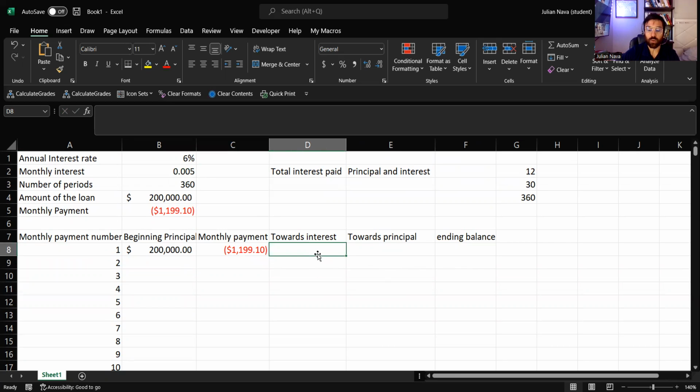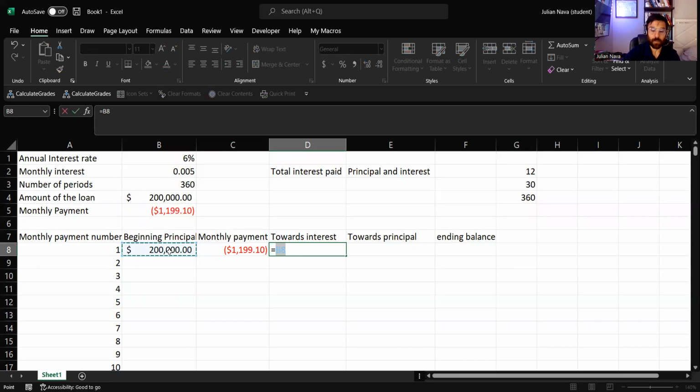Well, the amount that's going towards interest would be calculated like this, times 6% divided by 12.